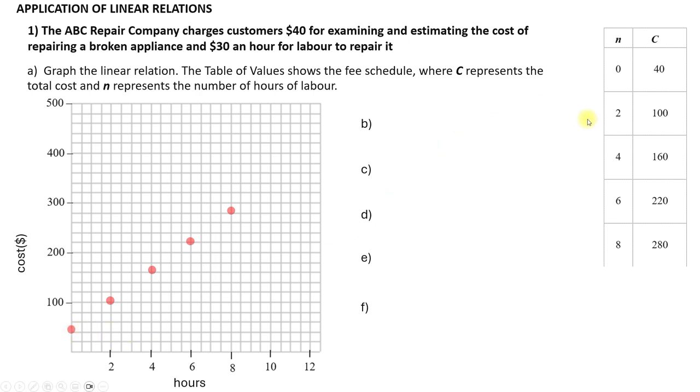And every hour, the charge goes up by $30. So since the y-intercept is 40 and the rate of change is 30 per hour, we can write an equation that says C equals 30 times N, the number of hours, plus 40.